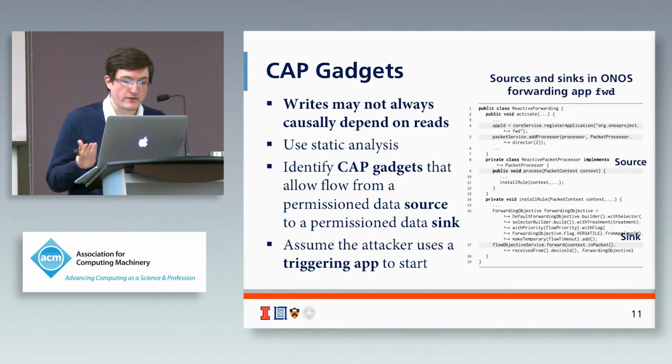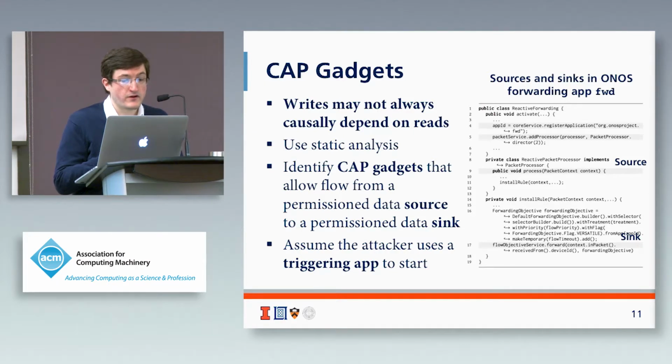In the example that I show on the right, which comes from a basic learning switch forwarding application that's included in ONOS, a source that requires a permission is a packet that comes in from the data plane, and the information from that packet is then used to write out to a permissioned data sink, which is, in this case, a flow rule. So it's taking information that's read in from a packet and writing out to a flow rule, essentially.